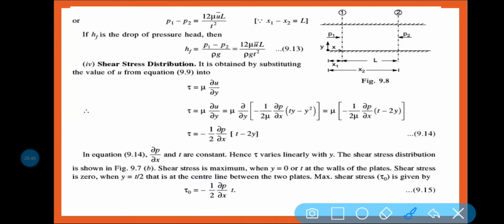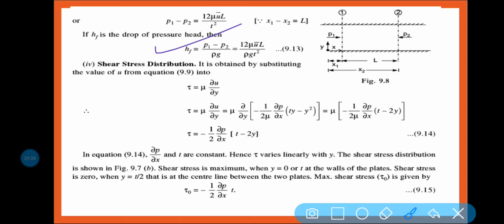So the final equation for the drop of pressure head is HF equal to 12 mu u bar L by rho g t square. This is the drop of pressure head, not the pressure drop.